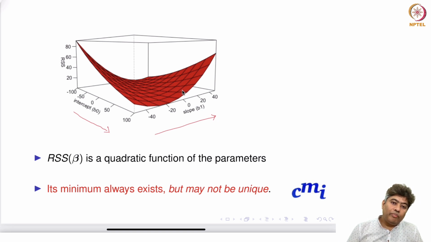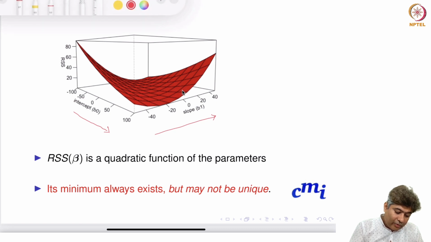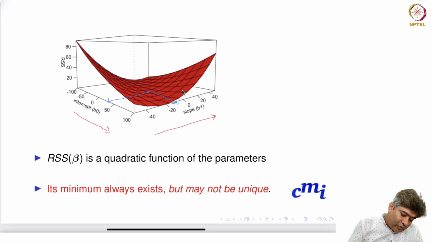Obviously I would prefer to reach the values, maybe this value here and this value there, where we get the minimum value. Where the value is minimum, we will try to get there.